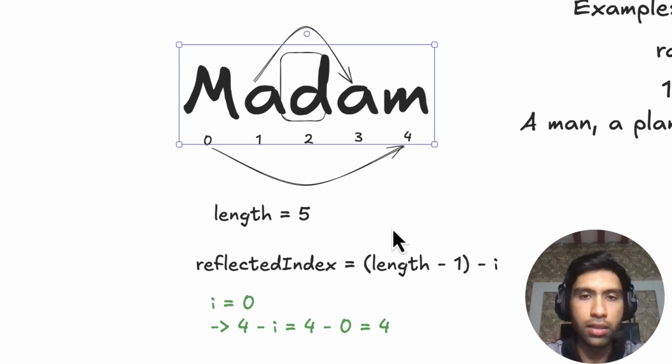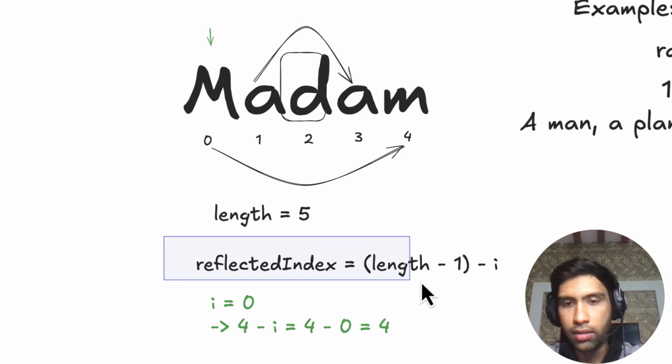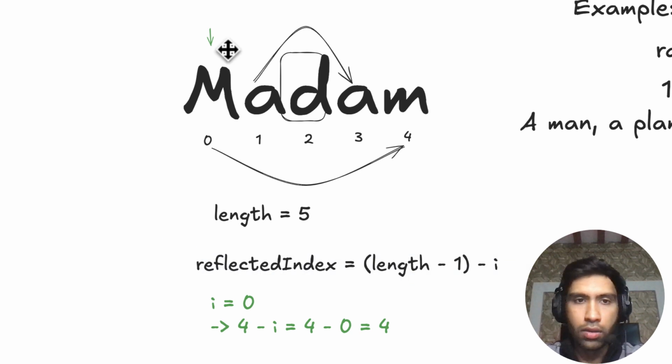Now, to calculate the reflective index at any specific point is really easy. We just need to utilize this formula. So let's say that we are at the first index, the 0 index, and the length of the string is 5.